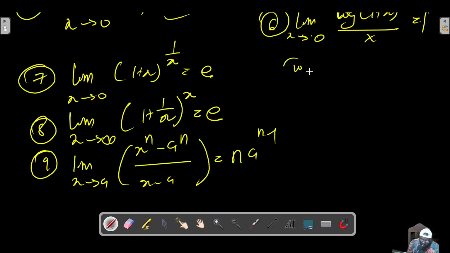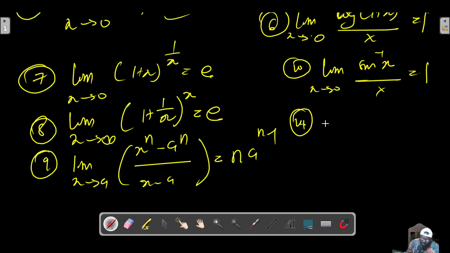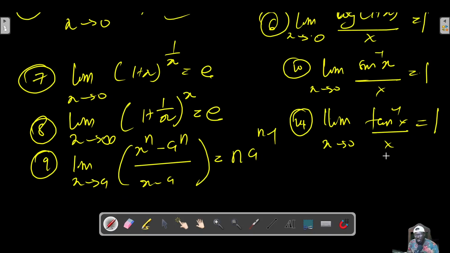Now the 10th one is the limit of sine inverse of x divided by x, which is equal to 1. 11. The limit as x approaches 0 of tan inverse of x over x is equal to 1.